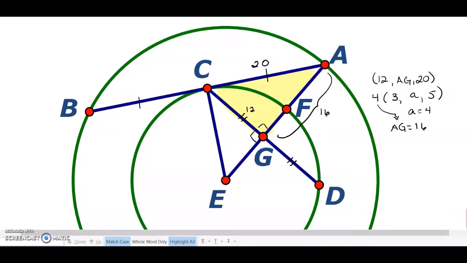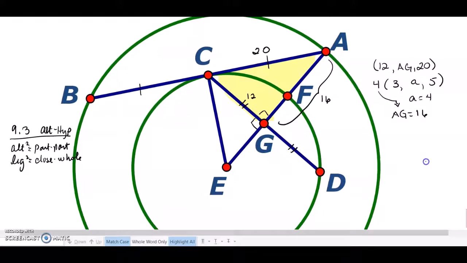Now I can use the altitude on hypotenuse theorem to help me with the rest of the problem. And if you've forgotten that, please refer back to 9.3, where we had the altitude squared equals one part of the hypotenuse times the other part of the hypotenuse, or the leg squared equals the close part of the hypotenuse times the entire hypotenuse.